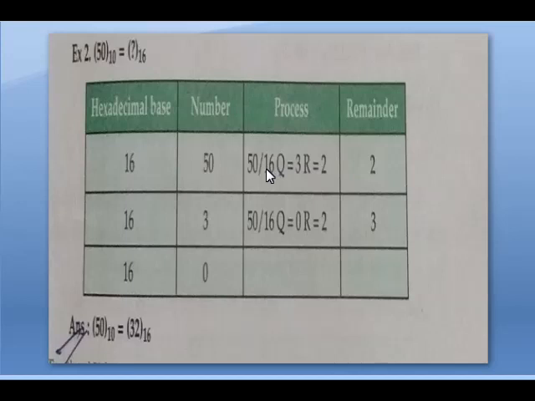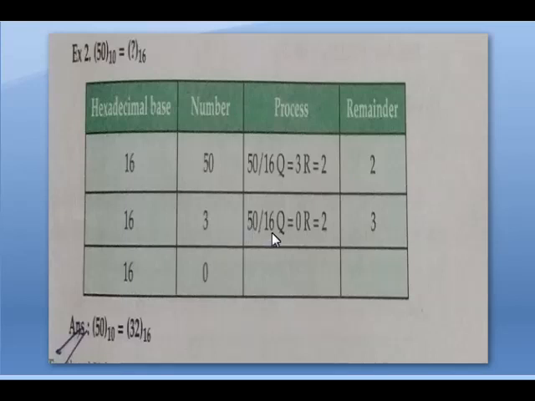So 50 divided by 16, we get the quotient as 3 and remainder as 2. Write the remainder. Then the quotient is 3, so again we have to divide 3 by 16.